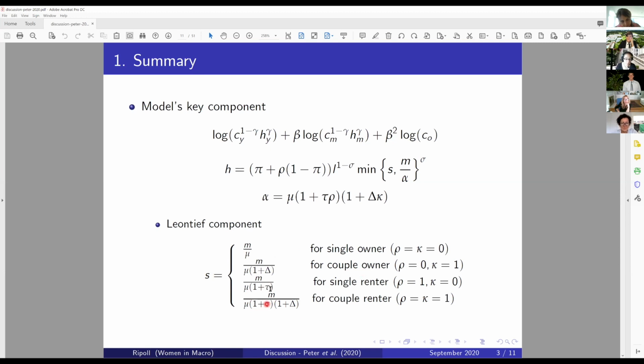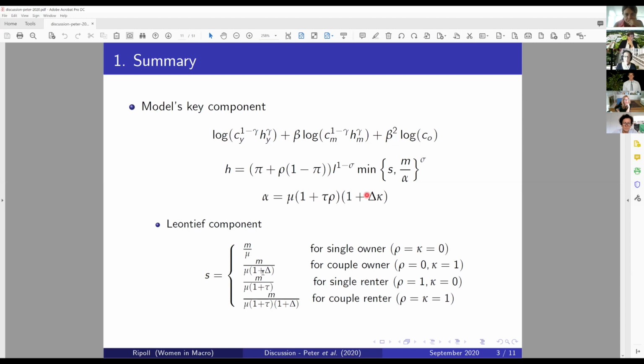Then when you go down here to the renters, you see the second wedge in the model, which is this tau. This tau is the rental friction in the markets, and that varies across countries. That means if you happen to be a couple renter, you face such high costs of maintenance expenditure because you're a couple, so you need 2 hot showers and the 2 desks, but you also have to deal with the rental market friction. So it is these couple renters who have the lowest S/M in the model.